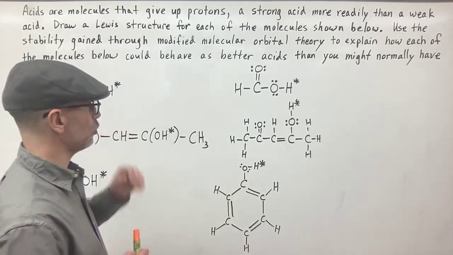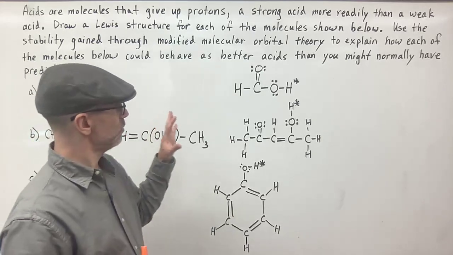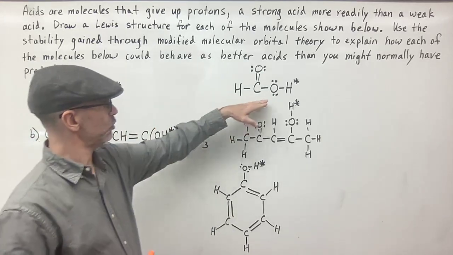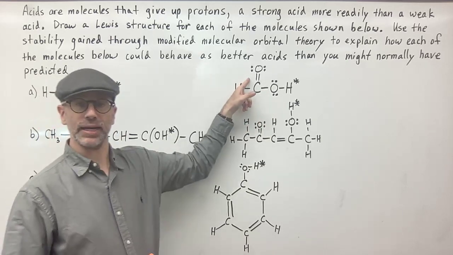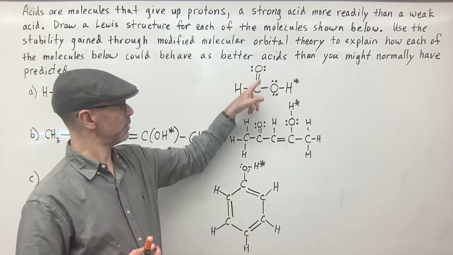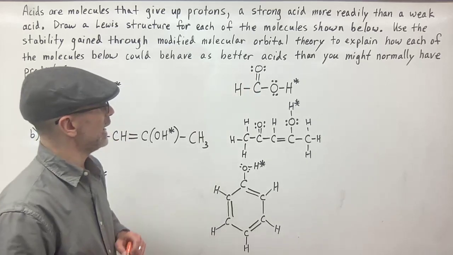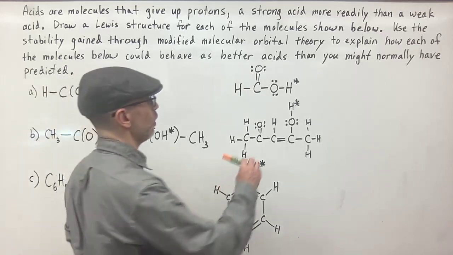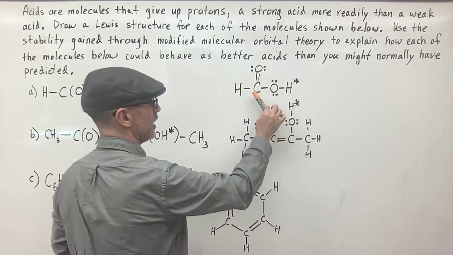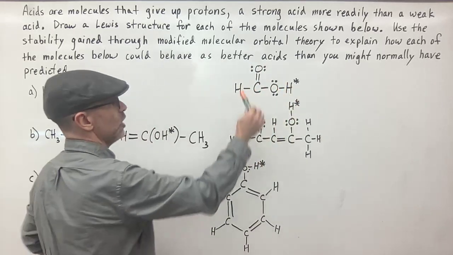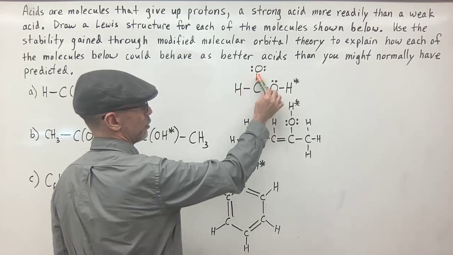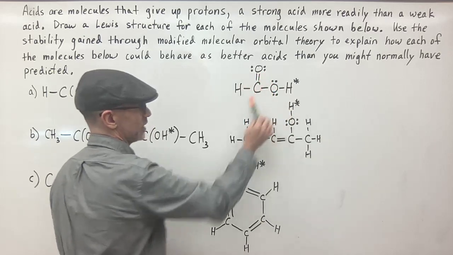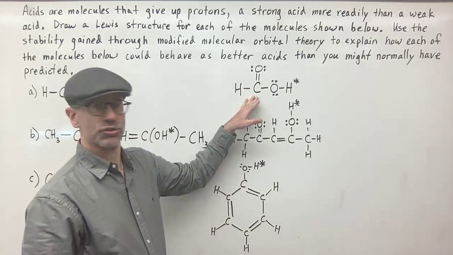So when we're looking at this one, here we have sigma bonds, and this double bond indicates a pi bond, so you have a sigma bond and a pi bond. When we're looking at the hybridization, we can see that this carbon is sp2 hybridized because it's got 3 electron groups, and so that's going to have a trigonal planar structure.